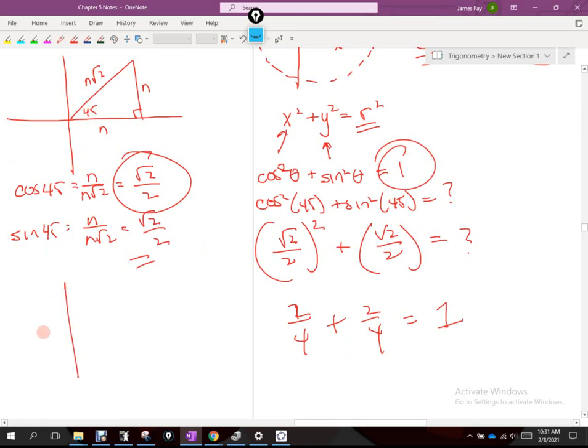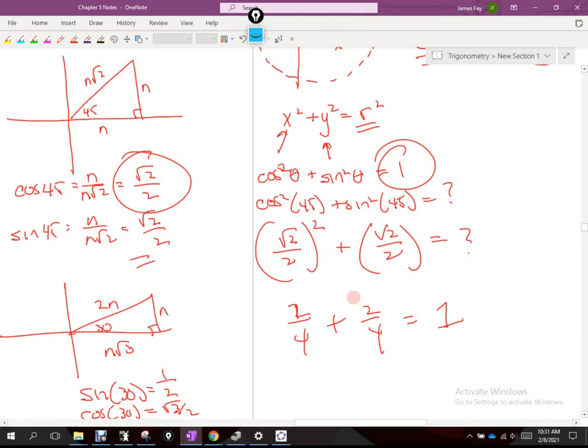Give me another angle. 30. So n, 2n, n radical 3. Sine of 30, we have said before, is n over 2n, which is 1/2, right? Cosine of 30 is n radical 3 over 2n, so that turns into radical 3 over 2, correct? Okay.